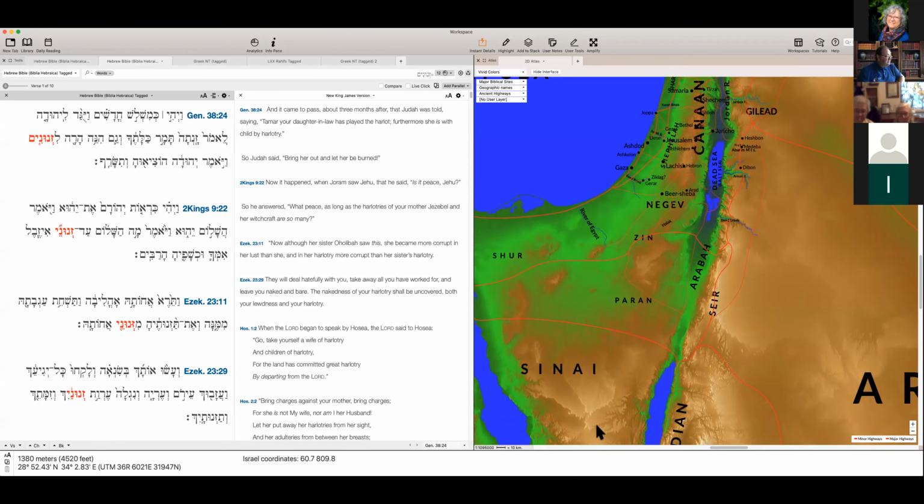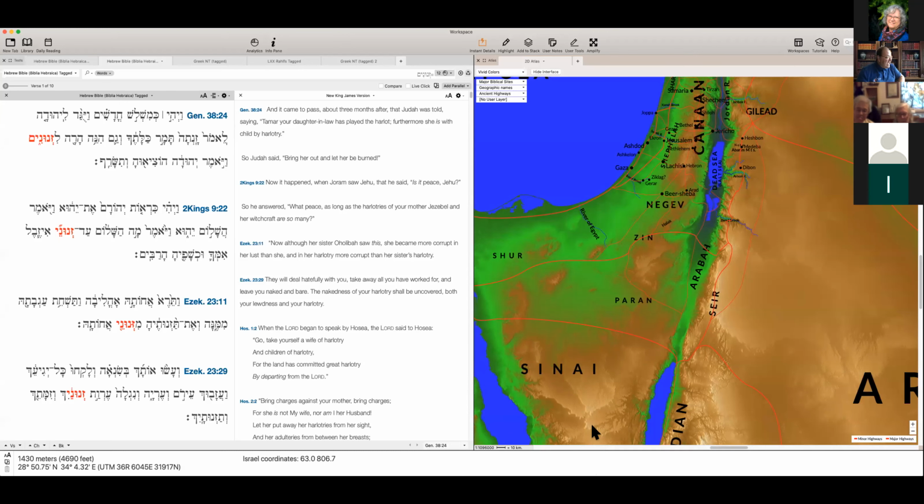So this is Mount Sinai. They are supposed to go right in here. See the direction of my cursor? Straight through. But 40 years later, they diverted this way.